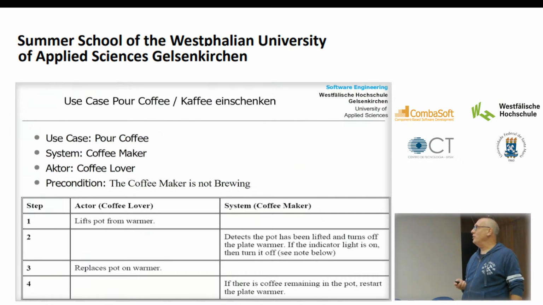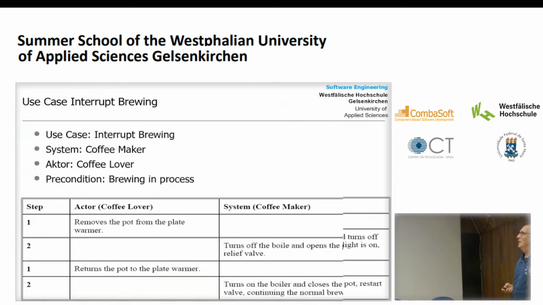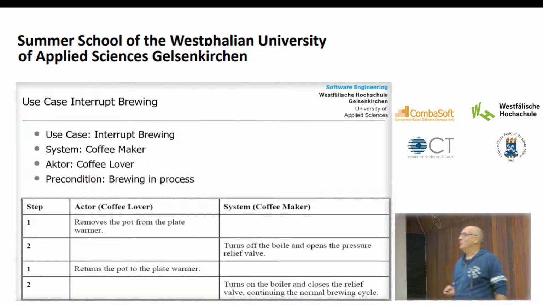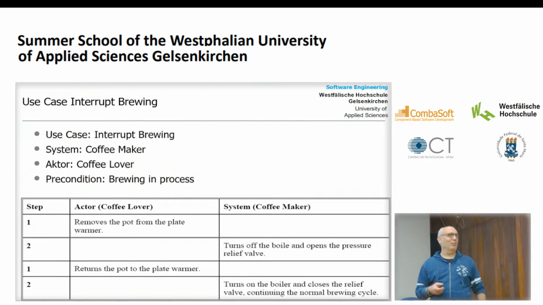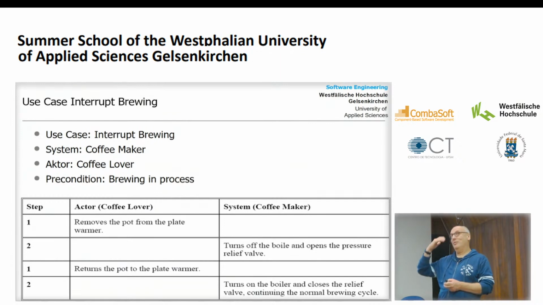Okay, in the morning, time is short. The coffee lover or the husband of the coffee lover has to interrupt the brewing because his wife wants the coffee now and not in 5 minutes. So you must develop a possibility for that, but brewing is in process.